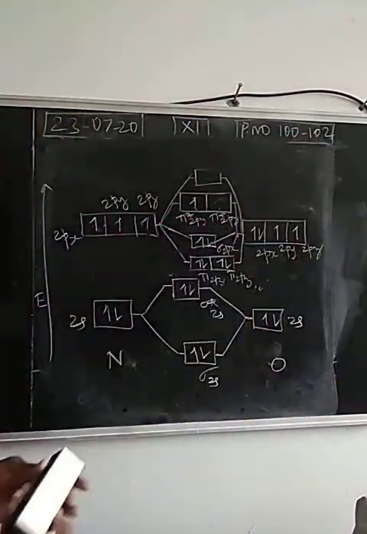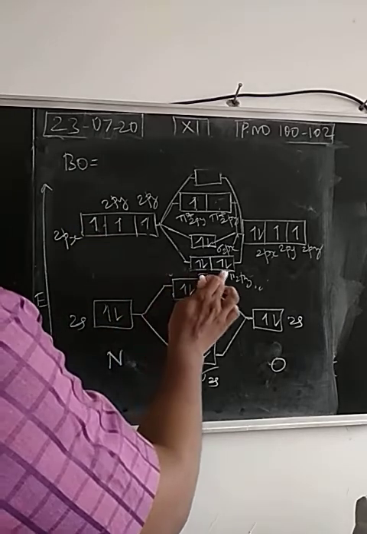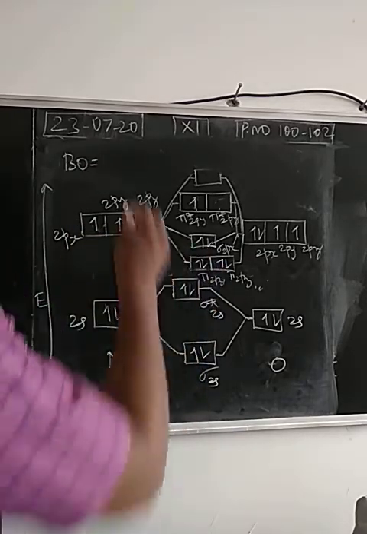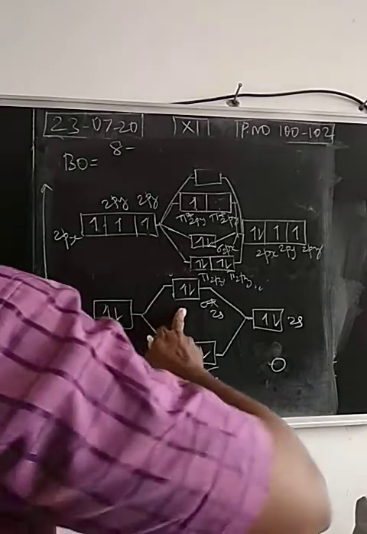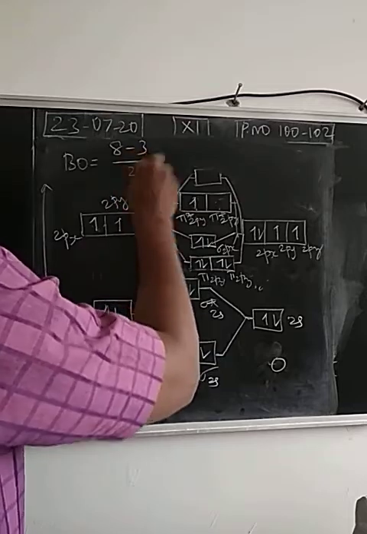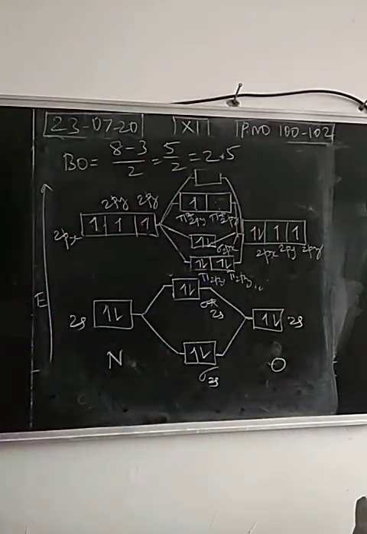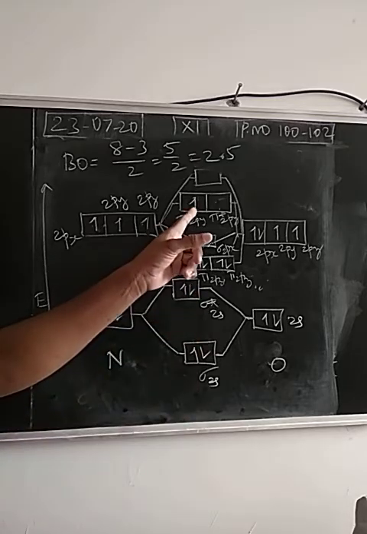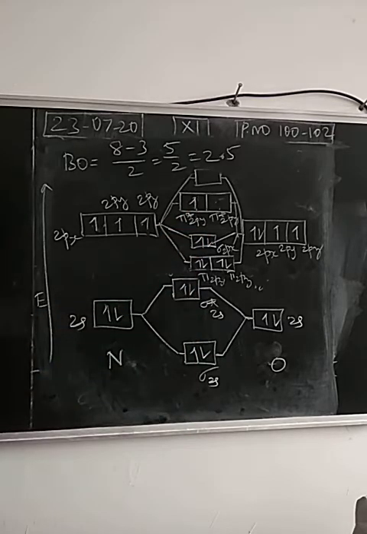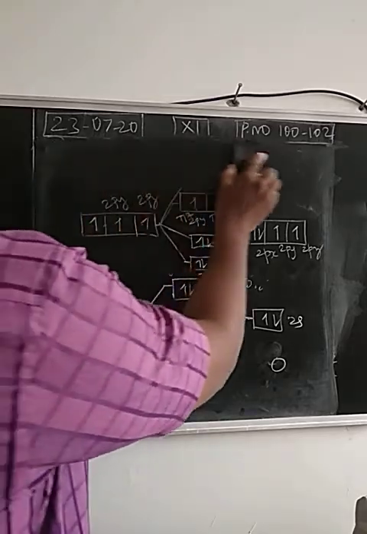Number of electrons in bonding molecular orbital: 2, 4, 6, 8, totally 8 electrons. Number of electrons in antibonding molecular orbital: 2 plus 1, 3. So 2.5 bond order between nitrogen and oxygen. Now the molecule is paramagnetic in nature because it has a single electron. Okay, so this is the molecular orbital diagram for the nitric oxide molecule.